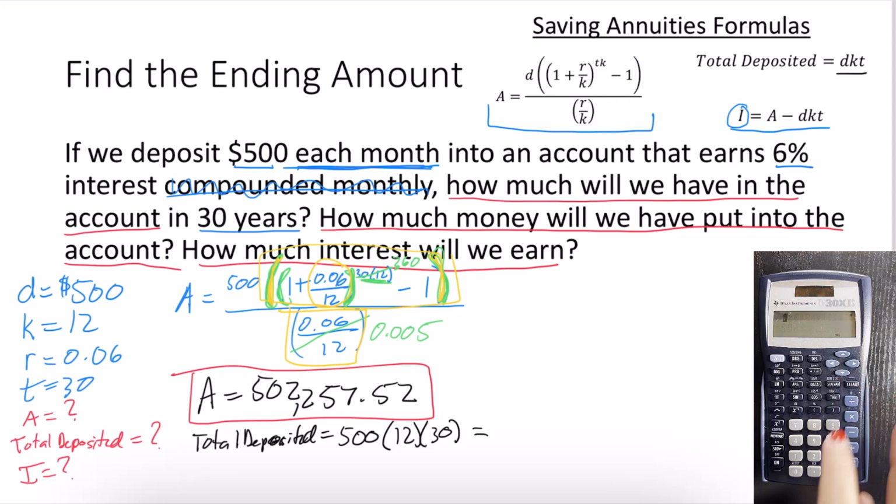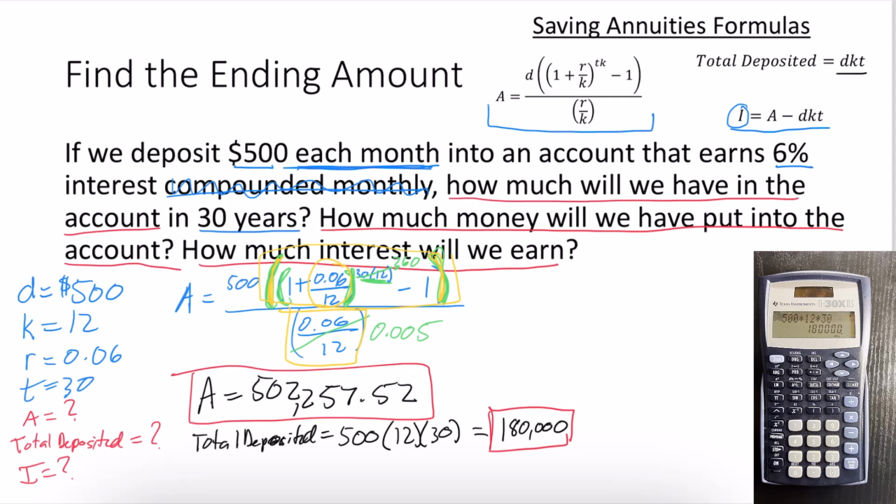So if I clear my calculator and multiply all of those together, 500 times 12 times 30 equals 180,000. So we get 180,000 for that. And that's the total amount that we have deposited and paid out of pocket.